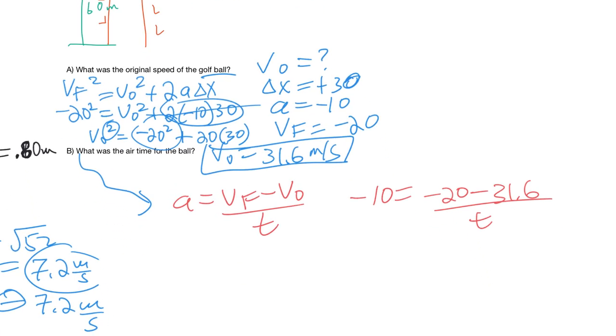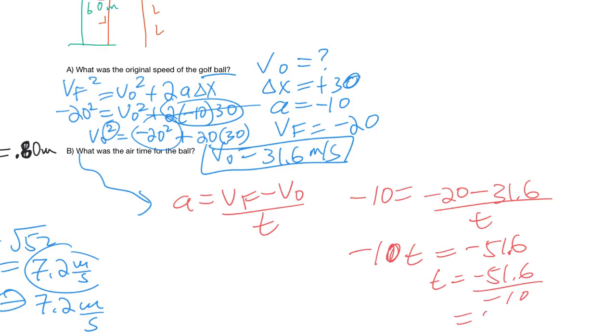So cross multiply. Negative 10t equals negative 51.6. So t equals negative 51.6 over negative 10, which equals 5.2 seconds.